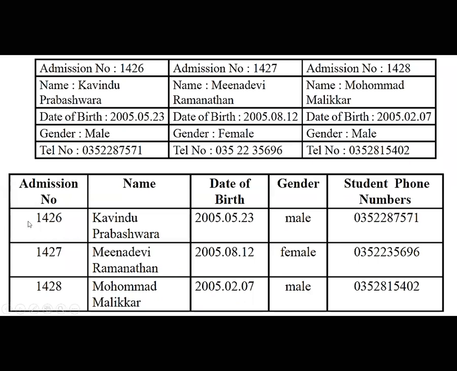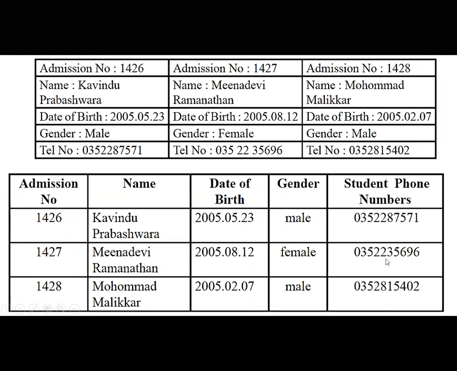You can see the first person, 1426, Kavindu. This is his date of birth, he is male, and this is his telephone number. Then the record number 2 is 1427 Meena Devi. You can see her birthday, and gender is female.